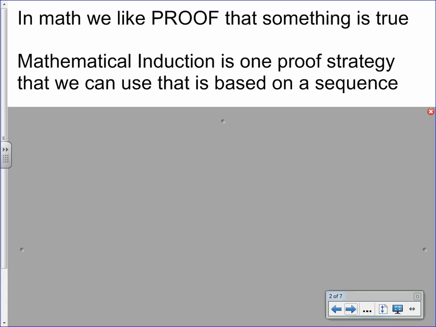It's thrown into this chapter because we're using it with a sequence. It's going to look much different than your proofs in geometry. We're not going to make two columns and list out 1, 2, 3, 4 and give theorems for why we're saying what we're saying. This is going to be more like a paragraph form.